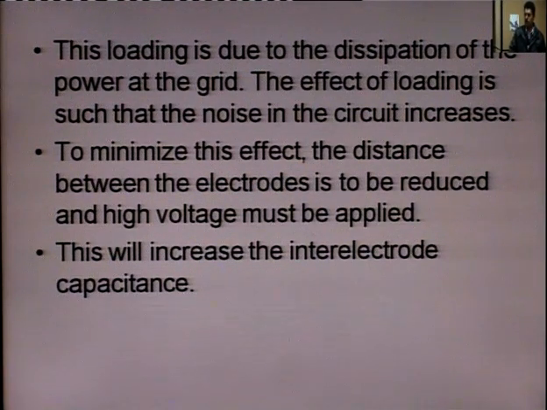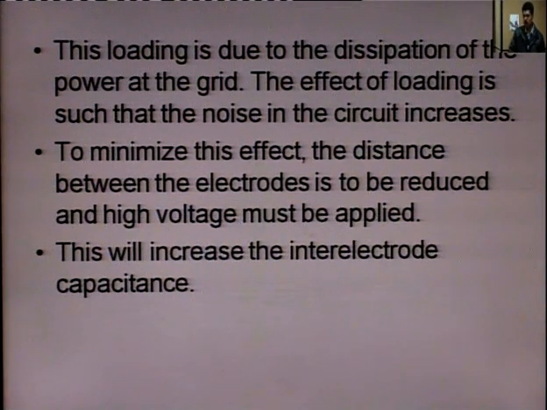However, to minimize the transit time effect, the distance between two electrodes can be reduced, and we can apply a high anode voltage. But as the distance between two electrodes is reduced, the interelectrode capacitance will increase.